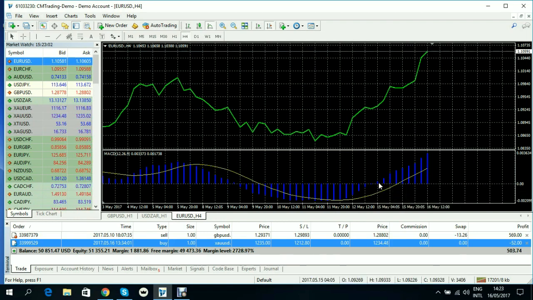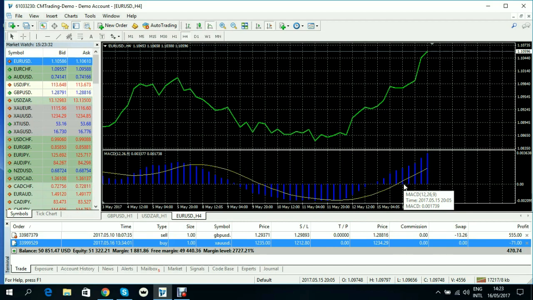You see these bars, they have crossed and are above the zero. Then the signal line, this moving average, will also have to cross the zero upward.